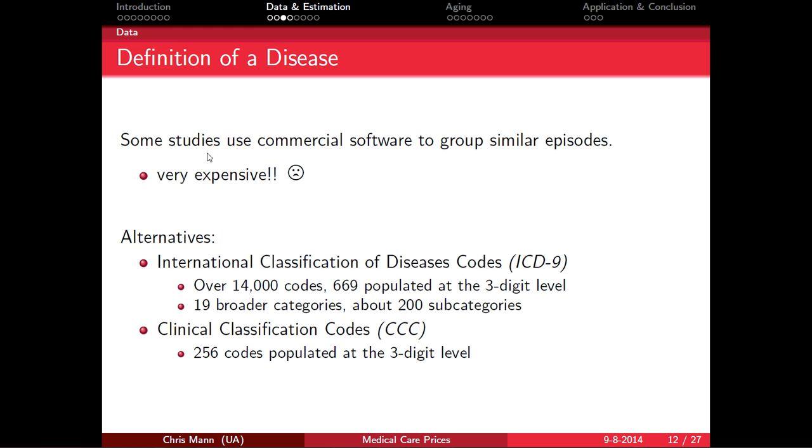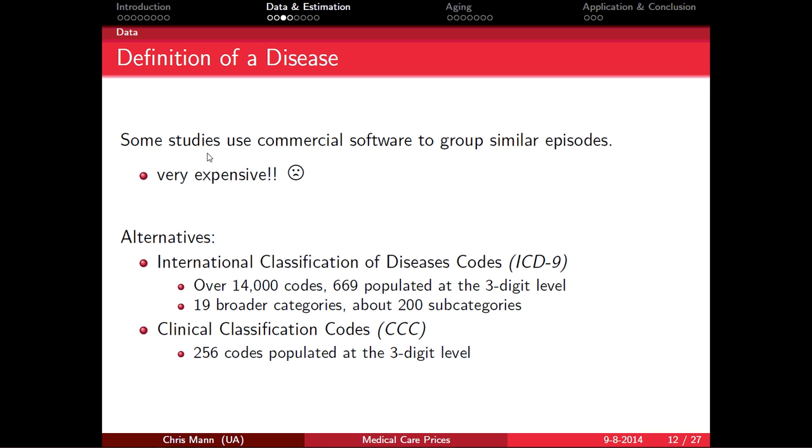Because if you go back to when I discussed the medical care expenditure index, which is the commonly used alternative price index that's being investigated by the BLS and the BEA, then that is aggregating the different diseases together to create disease-based smaller indexes that they then aggregate to one bigger index.